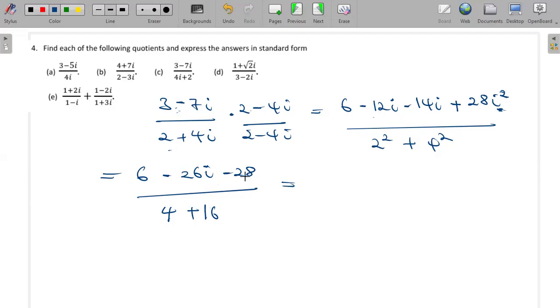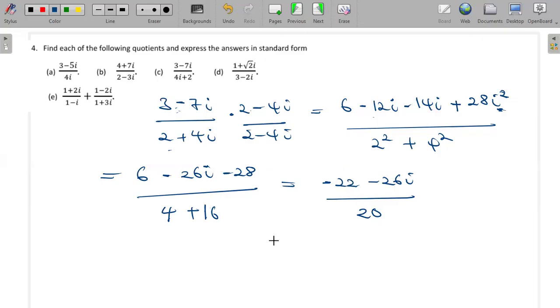So 6 minus 28 gives us negative 22. So that would be negative 22 minus 26i over 20. So we can now simplify this.